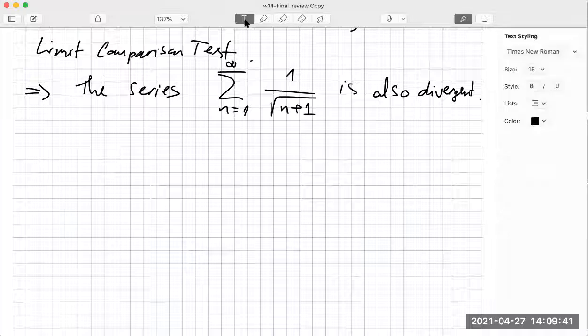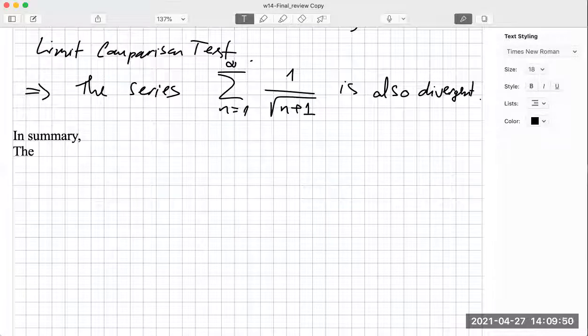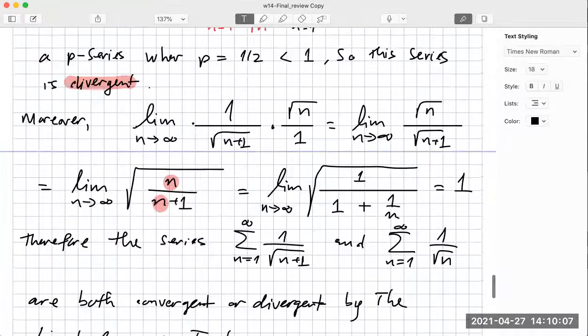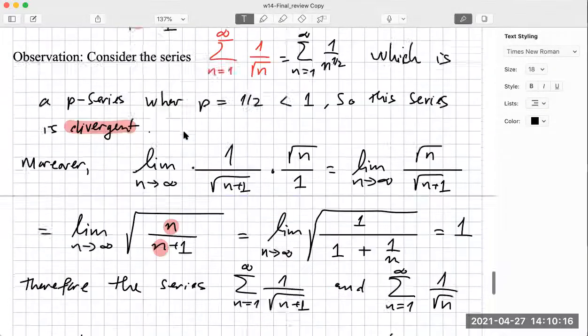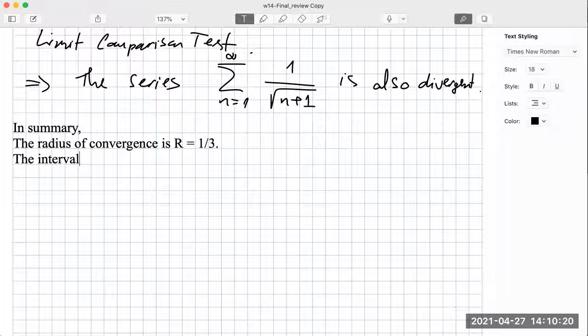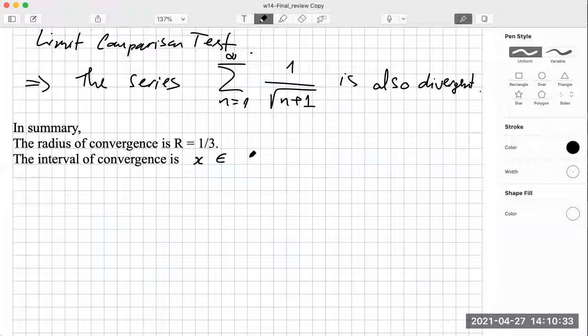So, summary. The radius of convergence is r is equal to 1/3, and the interval of convergence is x between negative 1/3 and 1/3: at negative 1/3, it is divergent, and at 1/3, it is convergent.